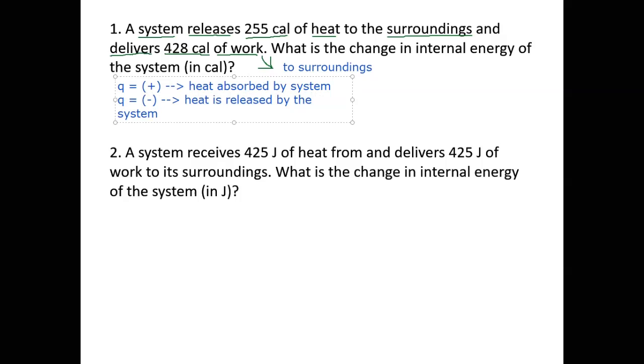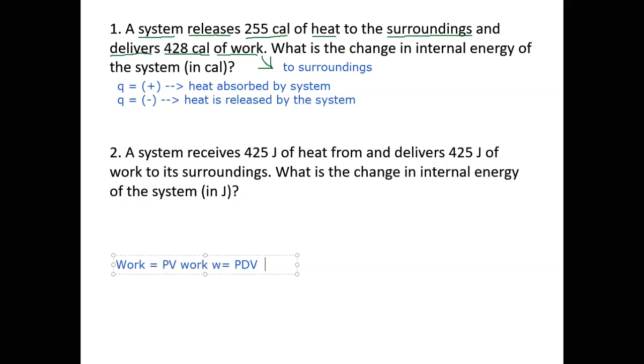Now for work, we're only going to be looking at what's called pressure volume work. There are many types of work, by the way, but we're only looking at pressure volume work. The equation for pressure volume work is negative P times delta V. The change in volume will tell you what type of work it is.